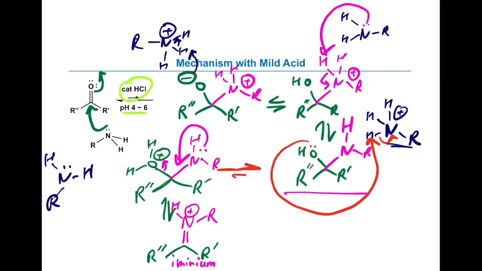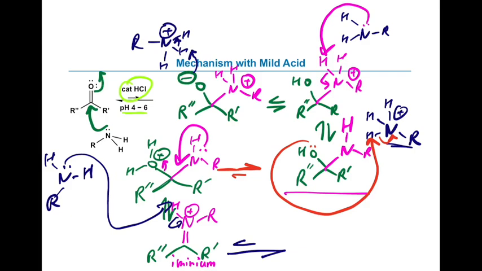I-U-M. So the iminium is the positively charged version of the imine. It's the protonated nitrogen center that still has this positive charge associated with it. So the last thing we need to do is deprotonate that center. So that'll give us a relatively favorable equilibrium. The iminium is actually a fairly acidic center.